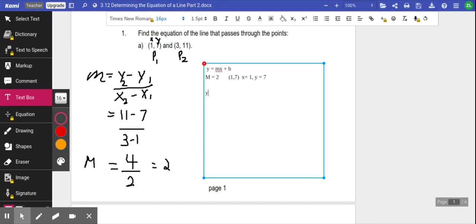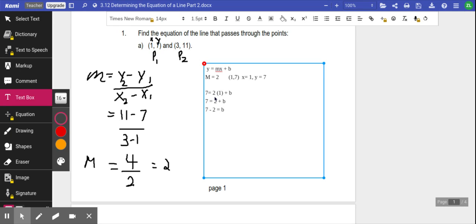So y equals mx plus b, we already know, so 7 in for y equals 2, which is our slope, our x being 1, plus b, because we don't know it. So 7 equals 2 times 1 being 2 plus b. If we want to keep b by itself, we have to move 2 to the other side. Since it's positive, it will become negative.